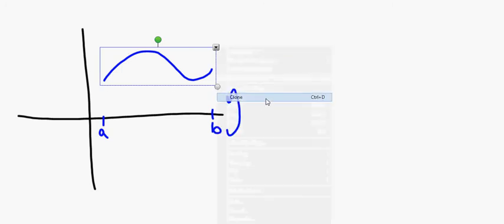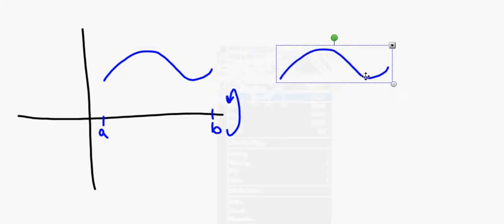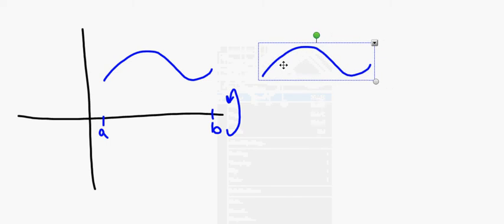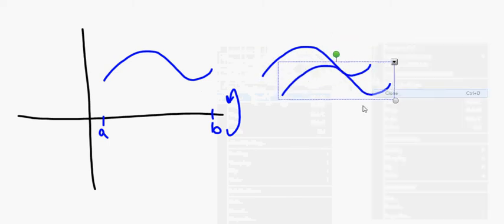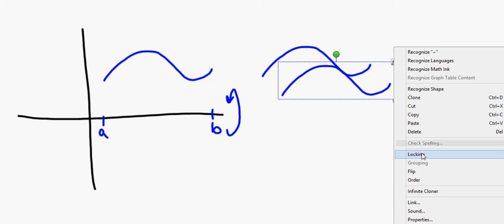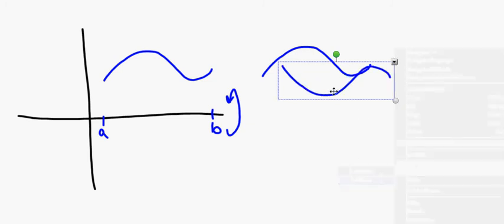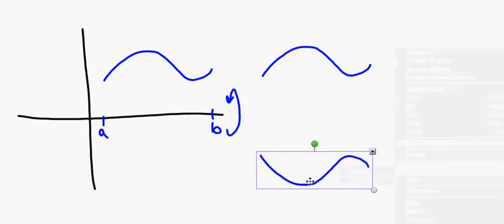Let's clone this, bring it over here, and consider what happens in three dimensions. I clone this again, flip it upside down and bring it like so.